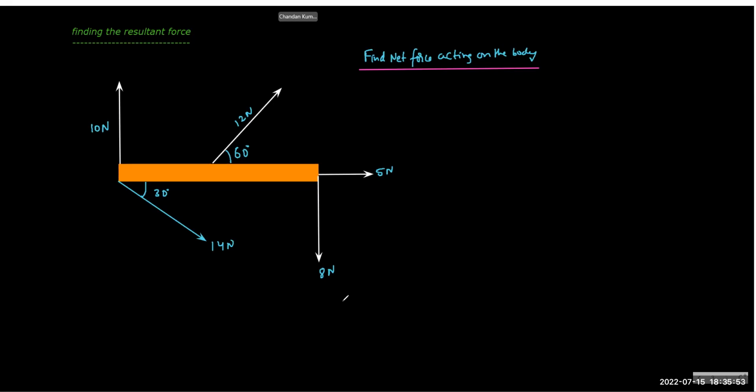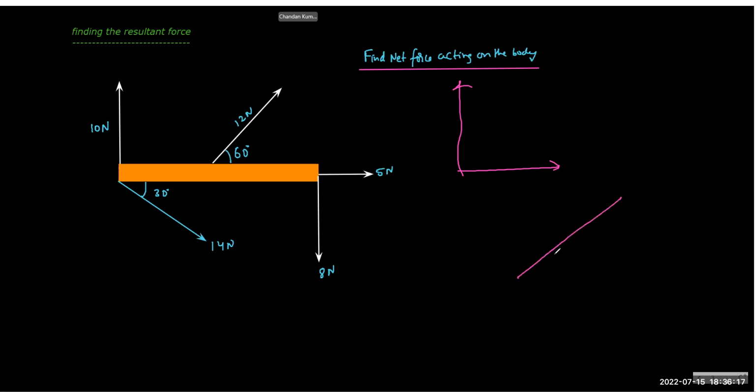If I'm telling you to choose proper x and y coordinates because you want to resolve things, you are free to choose, but you must choose something which is convenient. And again, there is nowhere in the history of mathematics which says that you must take x like this and y like this.